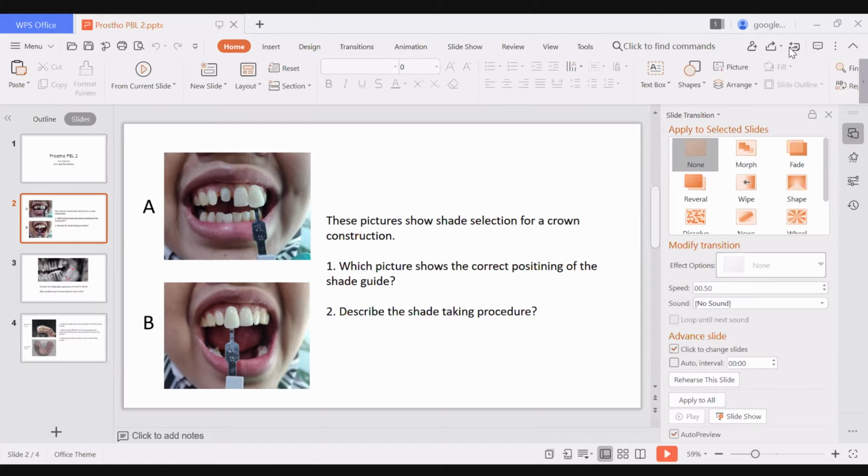So what I usually like to do is first I use the single shade guide, and just run my shade along and see which is the range of color the gigi is, okay. Then I know kalau the gigi is more in the C shade, then I will choose from my 3D shade guide the range of the C shade, okay.